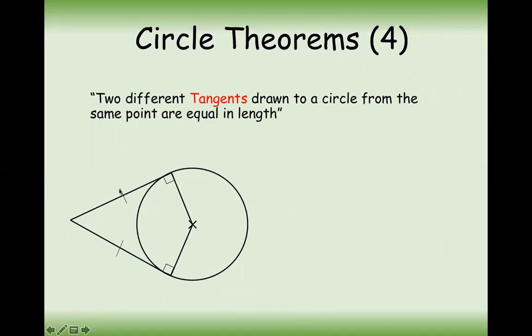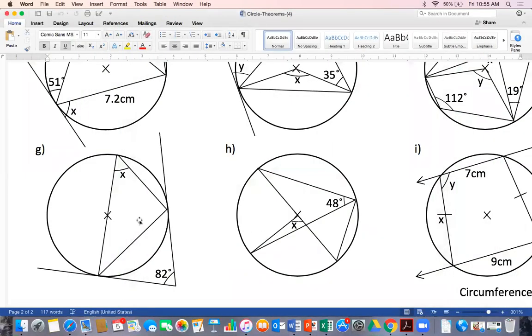If it doesn't go to the center, it won't be 90 degrees, but whatever the angle is. So I have this line and this line, which means this and this are the same. This is a triangle. This is 82, and these two are the same.